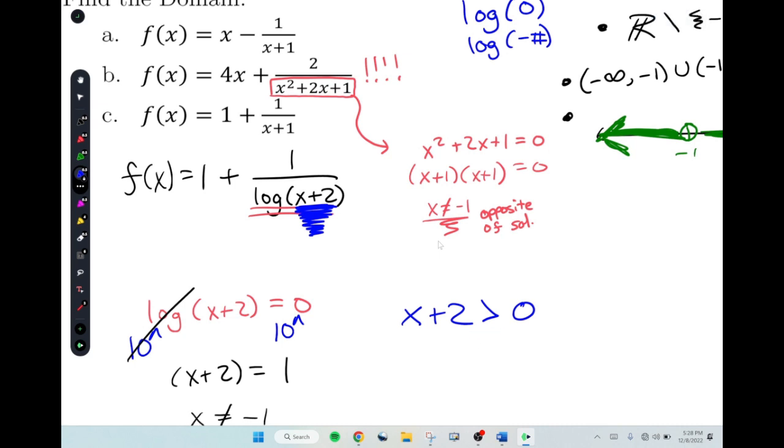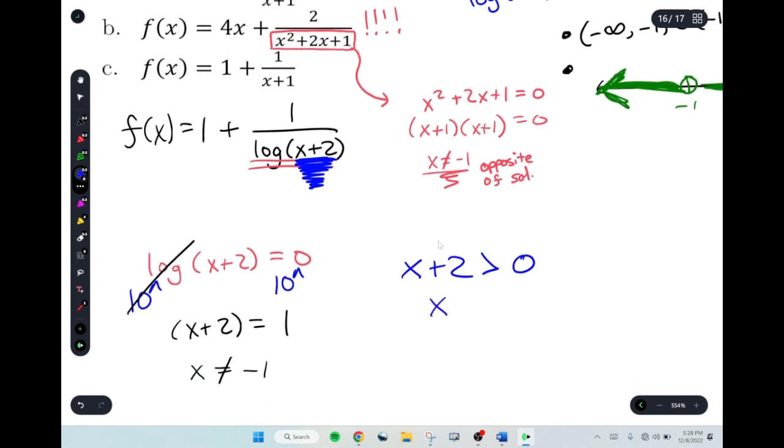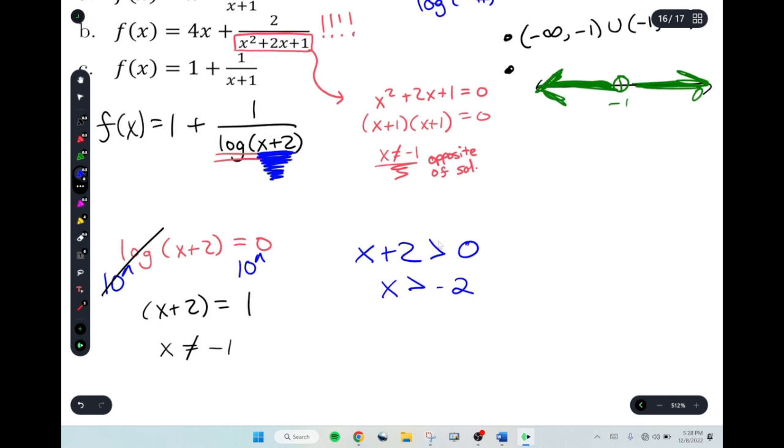It can't be 0, right? I don't know the log of 0. That's undefined. That's bad. So then x better be bigger than negative 2. Oh, look at that. That cut out our negative 1. Oh, wait. No, it didn't.